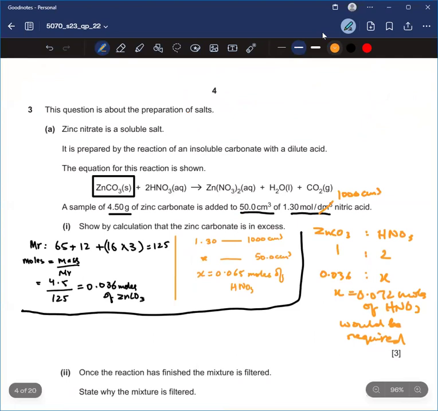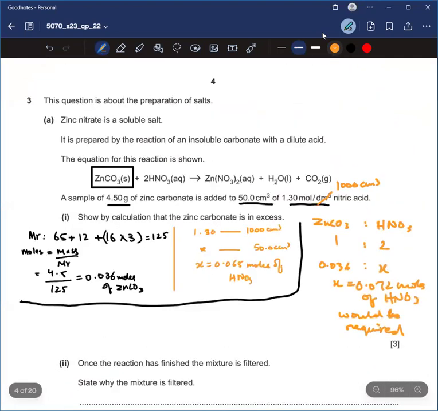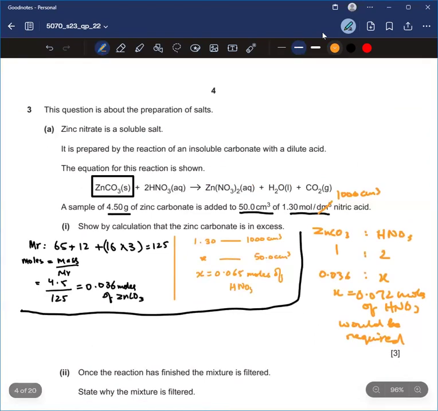Here we know that as zinc carbonate is in excess, some of it will be remaining at the end of the reaction. And as we can see, the state symbol is solid. We also know that carbonates are insoluble.